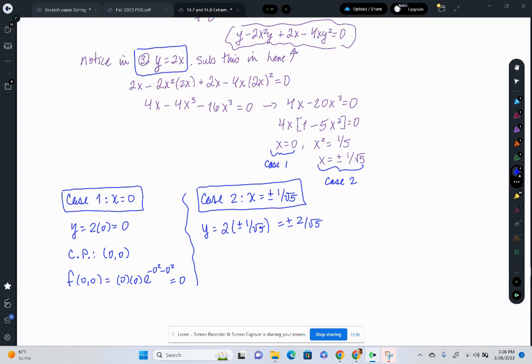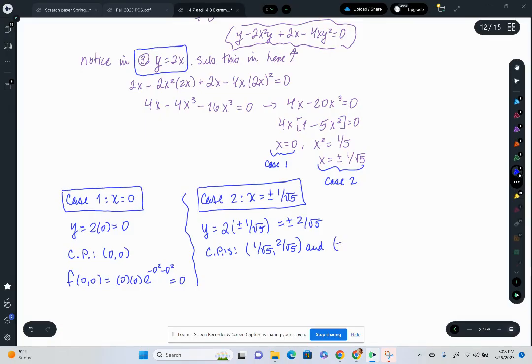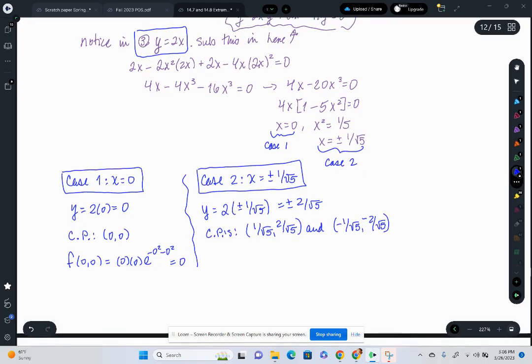They don't have opposite signs. So we have critical points of positive 1 over root 5 with positive 2 over root 5, and negative 1 over root 5 with negative 2 over root 5. And we're going to need our function values at those points.